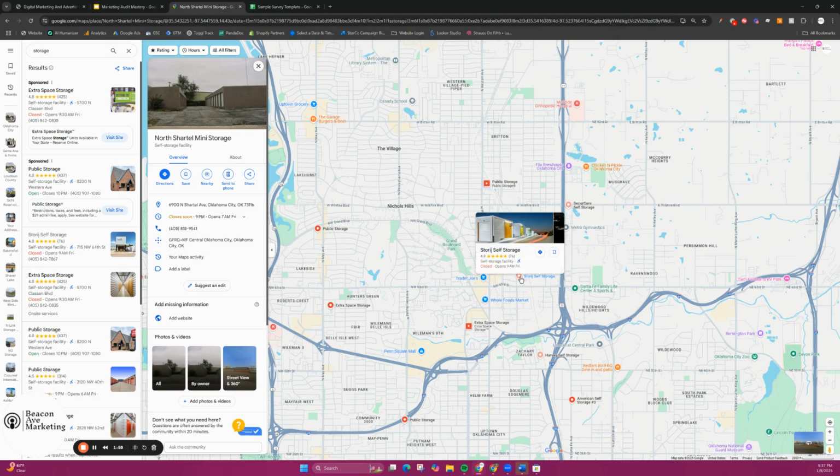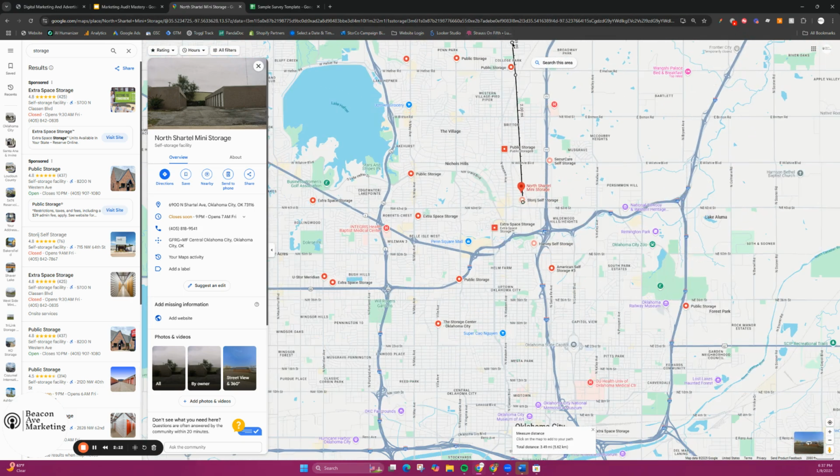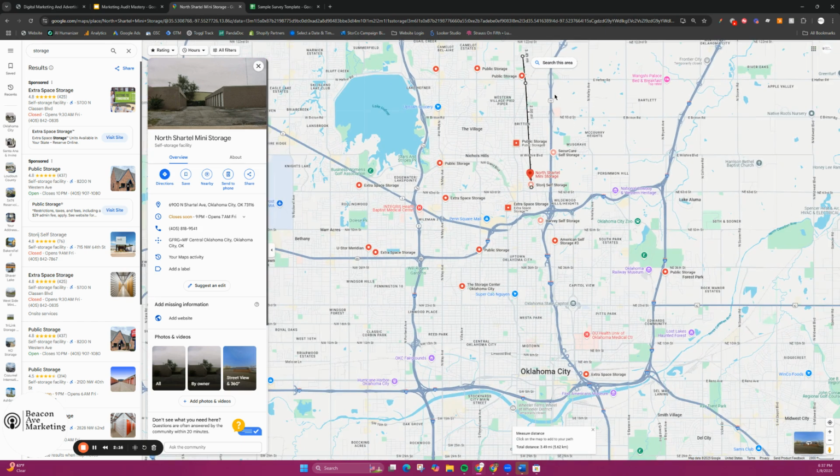What I like to do is see what my 3-mile radius is. So I right click here, hit measure distance, and then go what I think is about 3 miles. That was almost 3 miles, so it's like 2.77. We can go a little bit further. That's 3.5. Okay, perfect. Let's take that down to 3.